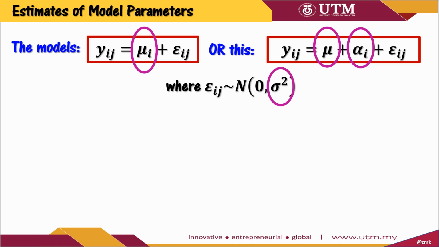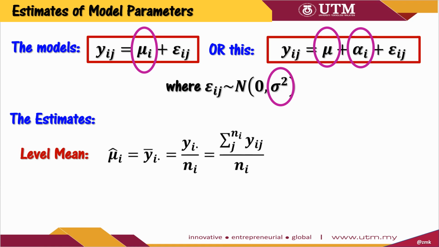Using the least squares method of estimation, which is not covered in this course syllabus, the corresponding estimates of these model parameters are given as follows. The estimated level mean, denoted by mu cap i, is the sample mean from the ith group or ith level, which can be calculated by summing up all observed values within level i, which is simply the level total divided by the corresponding ith level sample size ni.